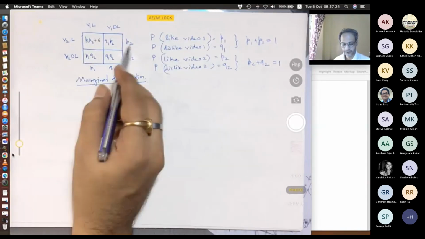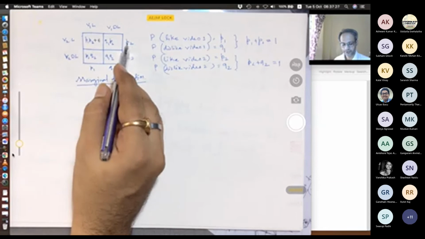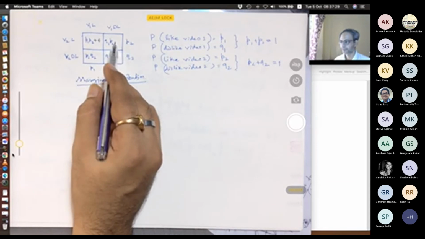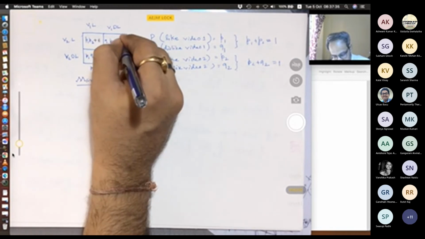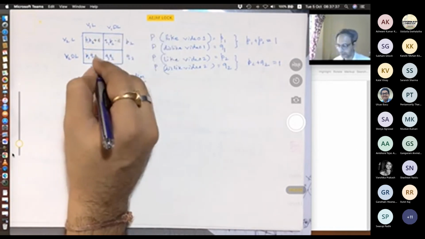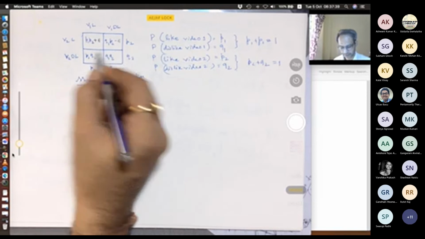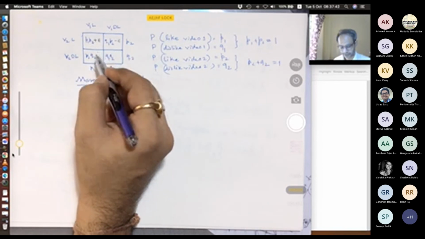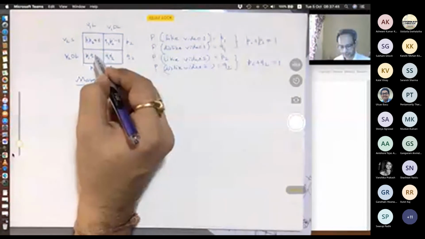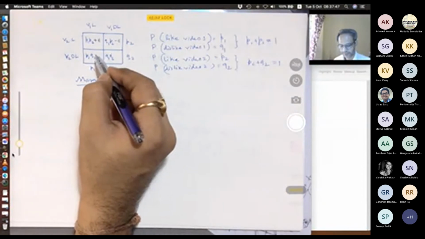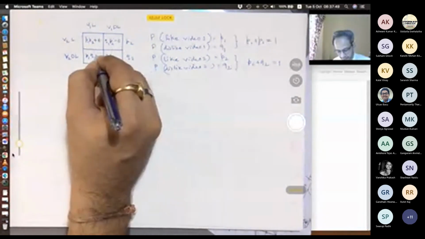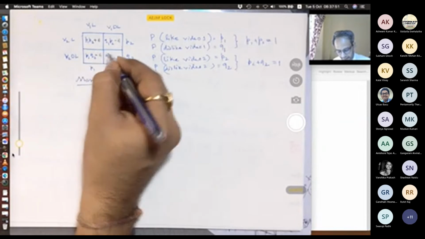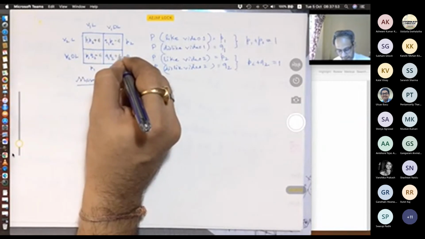To keep the marginal value unchanged, what should I add here? Minus epsilon. And what should I add here, to keep this margin unchanged? Again minus epsilon, and here I should add plus epsilon.